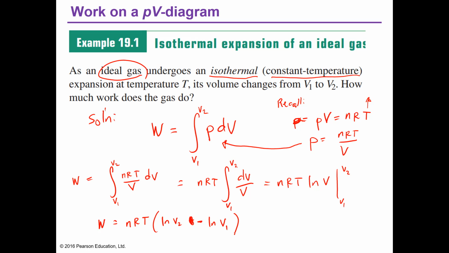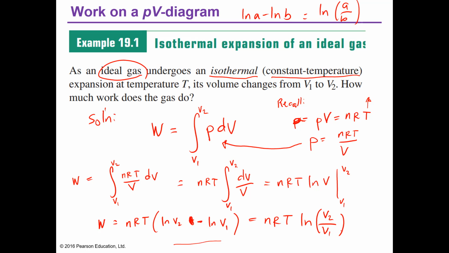In math, ln A minus ln B is equal to ln of A over B. So this can be written as nRT ln of V2 over V1.